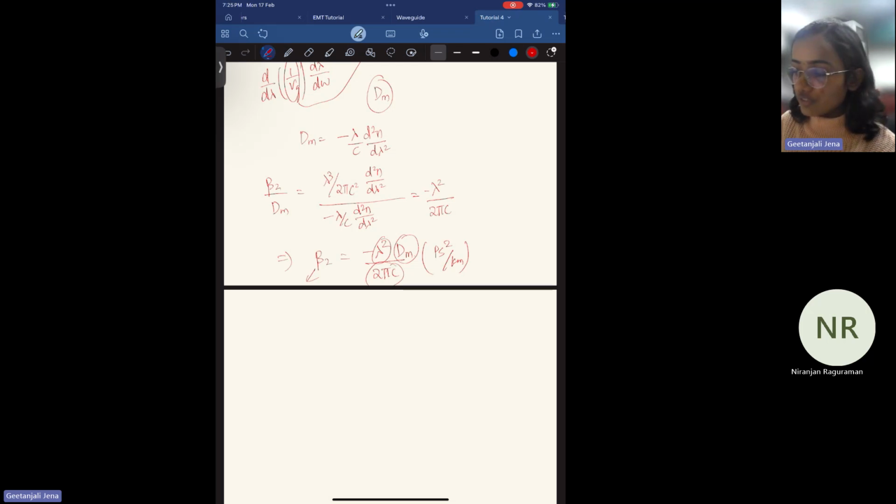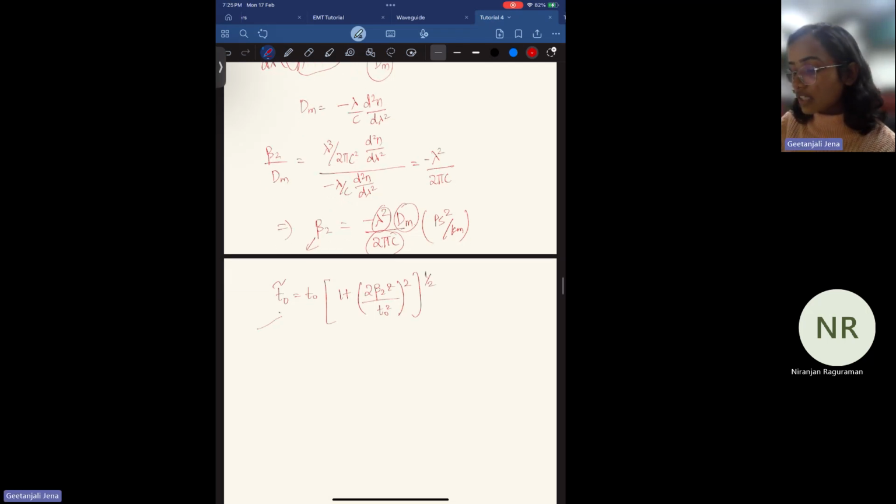What is the expression for temporal width? We have T0 tilde, which is nothing but T0 times 1 plus 2 beta 2 z over T0 square, whole to the power half. This is the temporal spreading because of the group velocity dispersion coefficient.